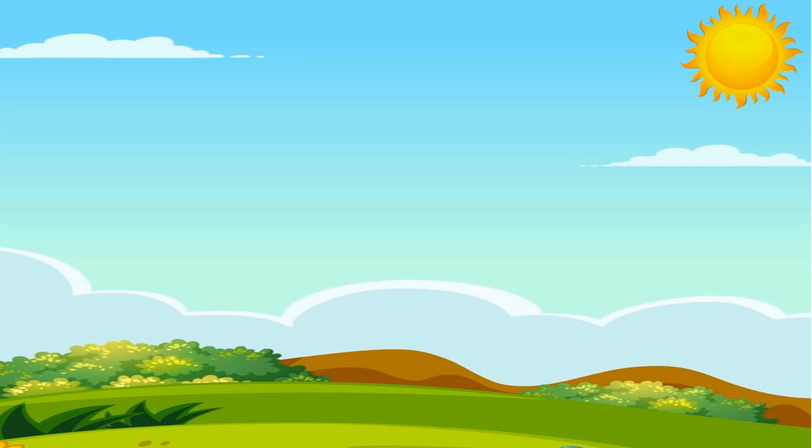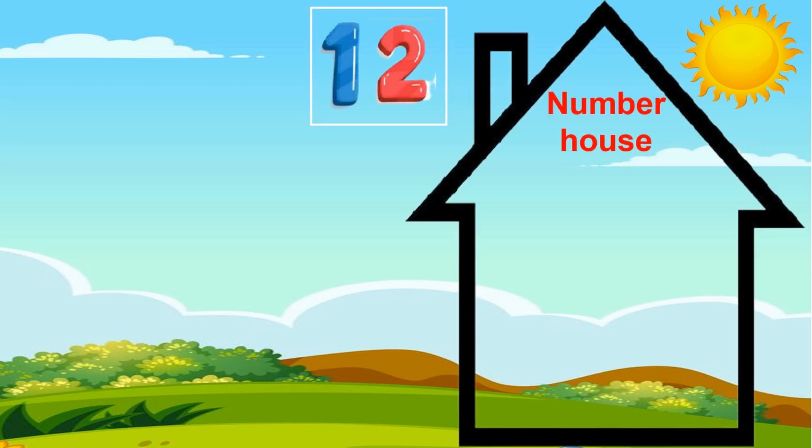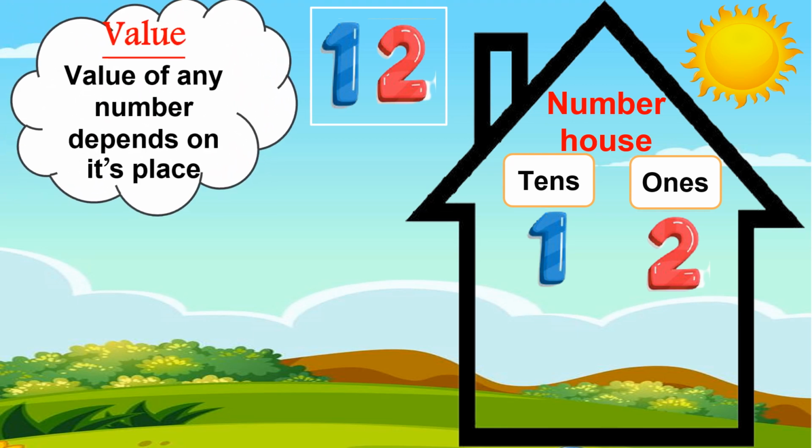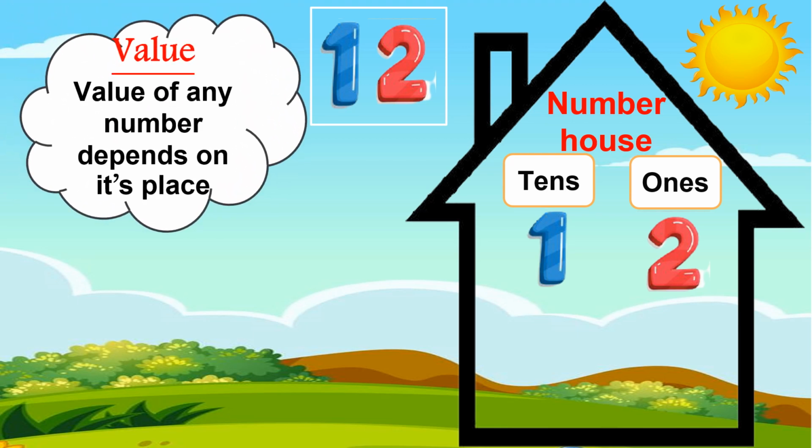I have here 12. I need to know which is ones and which is tens. So 1 is tens and 2 is ones. Now I need to know the value of each number. Remember that the value of any number depends on its place.